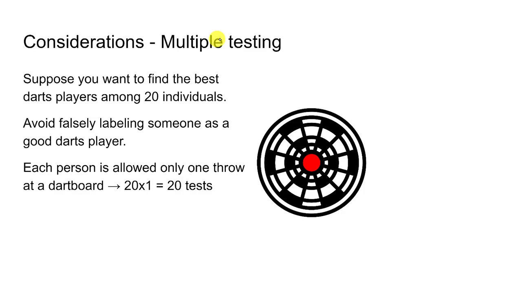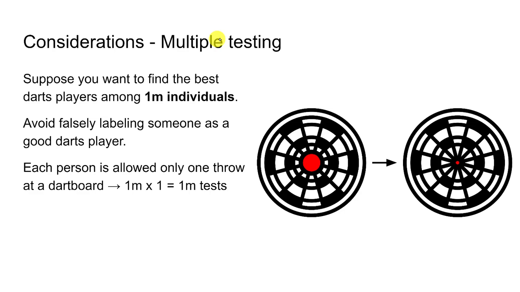But how would you change this dartboard if you had to test 1 million people and you're trying to avoid false discoveries? Question. Make the bullseye smaller? Yeah. Okay, so all you'd have to do is reduce the size of the bullseye.